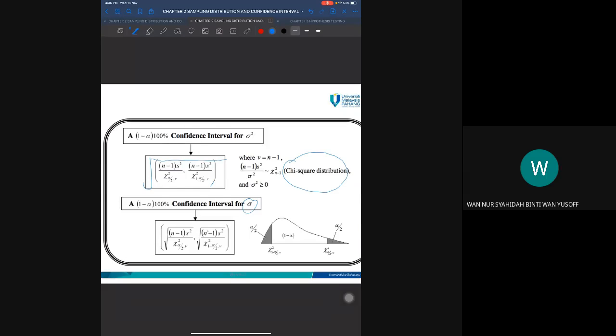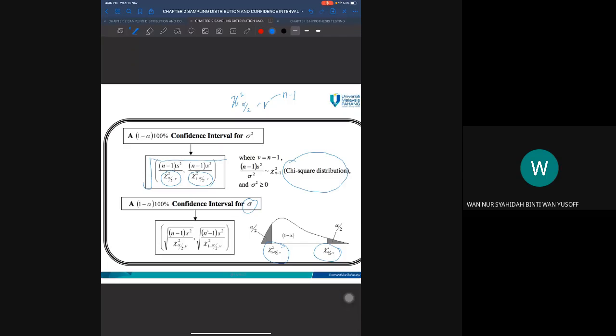For the lower bound we use the upper bound of the chi-square distribution, and for the upper bound we use the lower bound of the chi-square distribution. It is similar to the t-distribution. We have the chi-square probability value, and also the degree of freedom, nu, where nu is n minus 1.